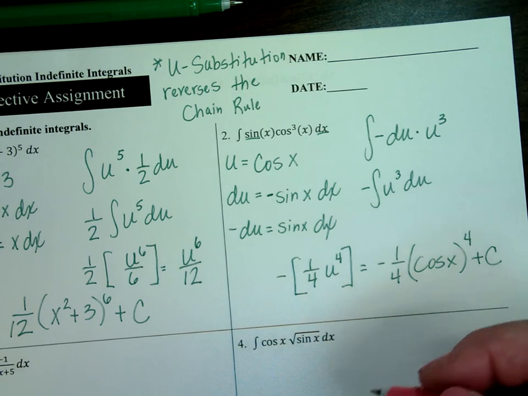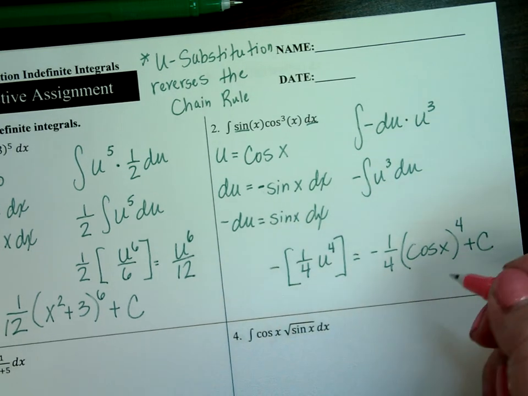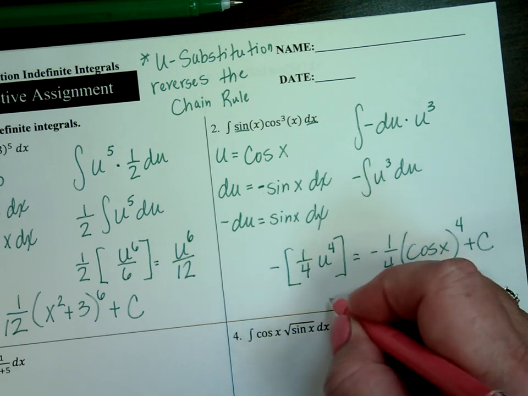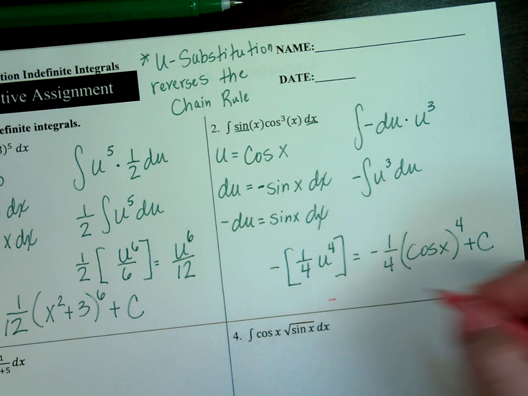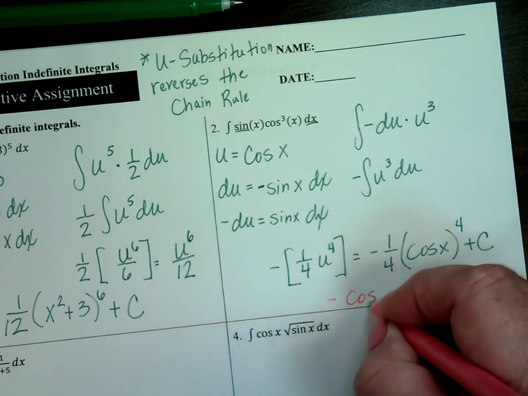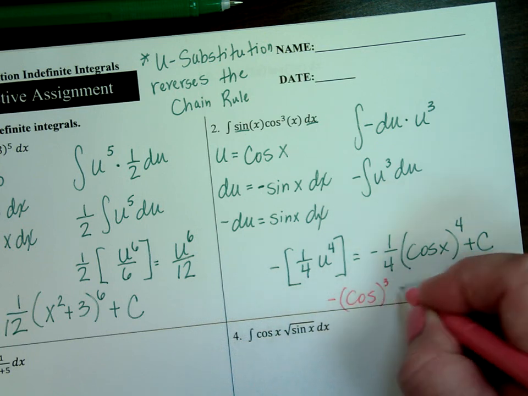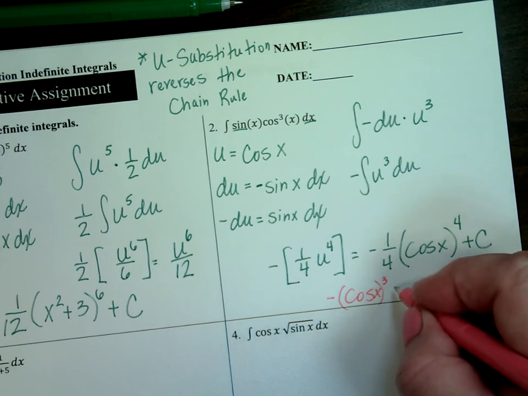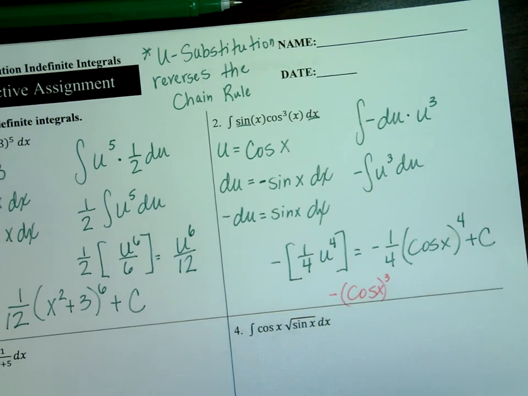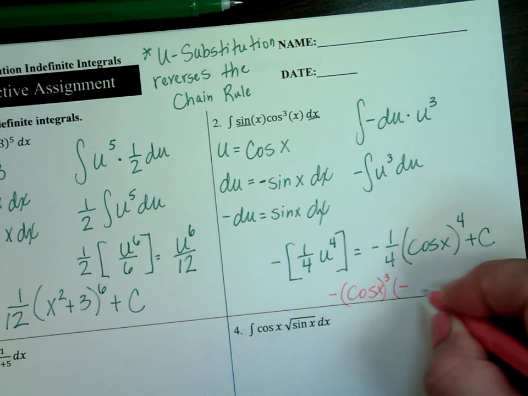All right, so Sairaj, tell me what you did. Okay, so I brought the 4 down, cancel out the 1/4. The derivative of cosine is negative sine, so you cancel out the negative with that. You just end up with sine times cosine. You want me to slow it down? No, I'm trying to see where you're at here. And then this would be a negative, the 1/4.